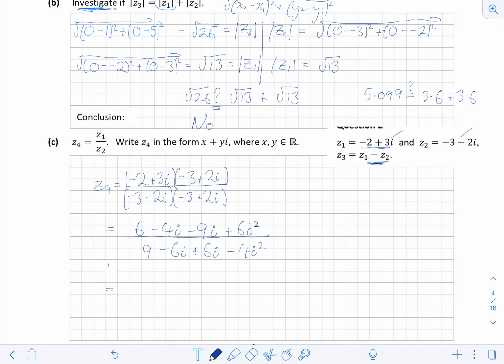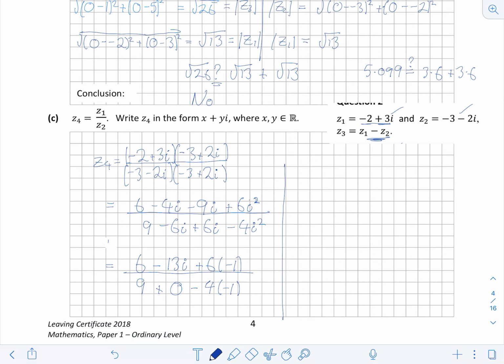So that's now equal to 6 minus 13i plus 6i squared, and we can turn this i squared into something. What do we turn that i squared into again? I can turn it into a minus 1. Denominator: 9 plus 0 minus 4 times minus 1. So now 6 times minus 1 is minus 6.